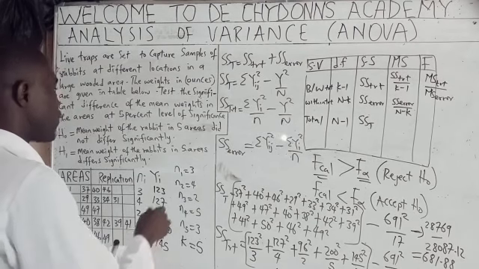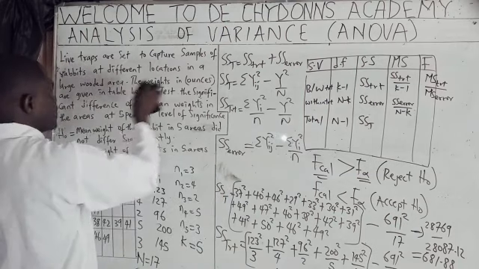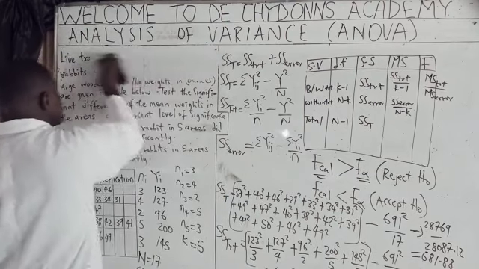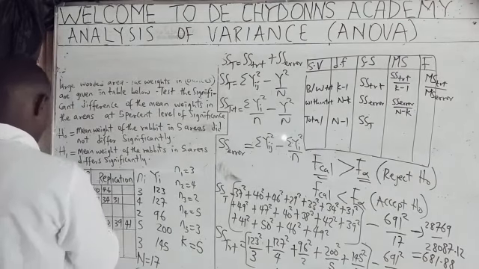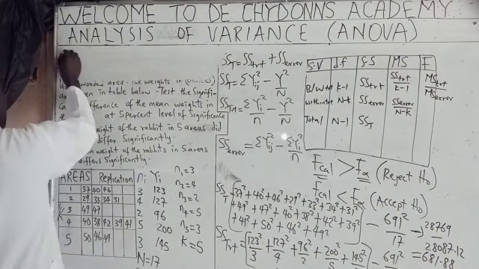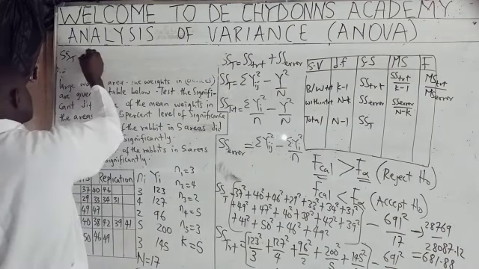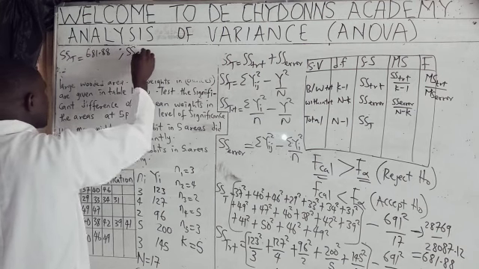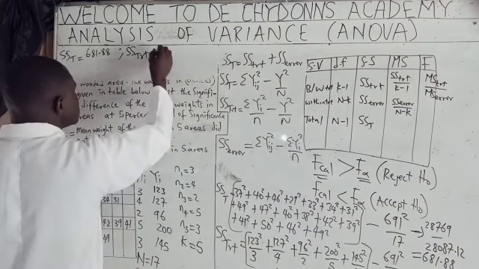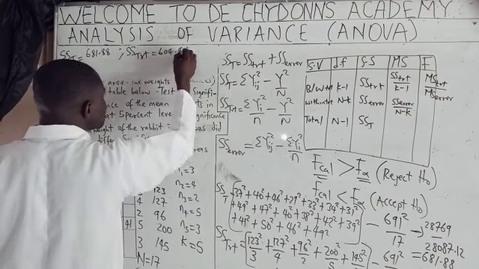From what we have, SS total equals 681.88 and SS treatment equals 604.46.